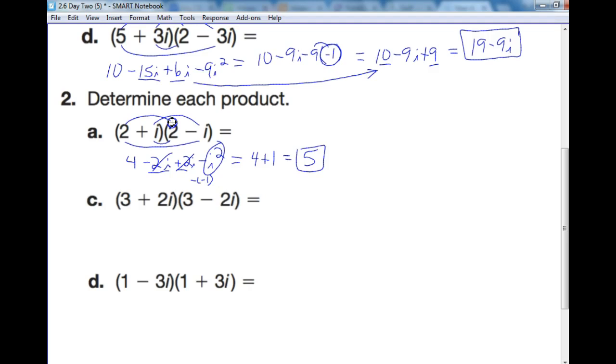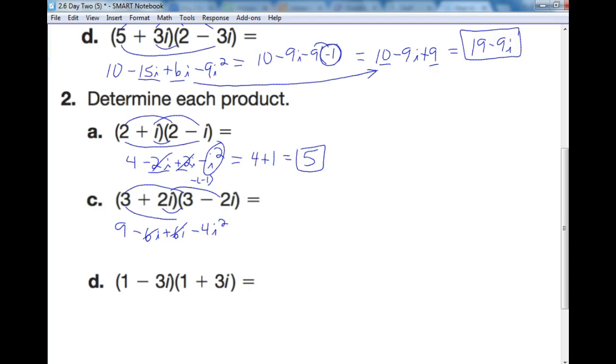Okay? Then C. I'm going to multiply C. 3 times 3 is 9. And then I get a minus 6i. And then I get a plus 6i. And I get a minus 4i squared.